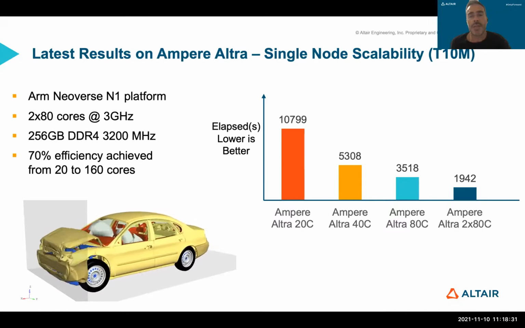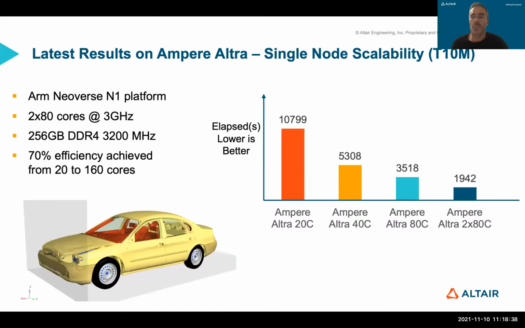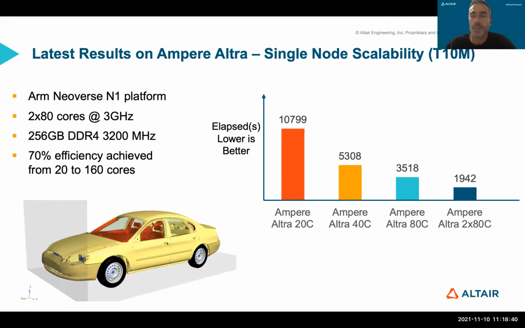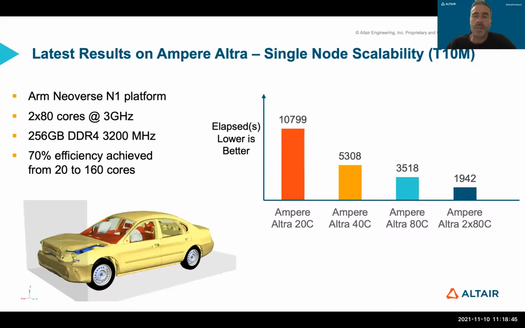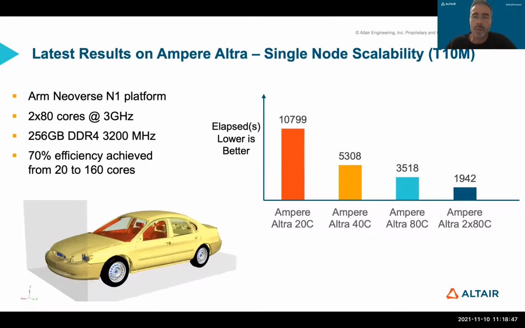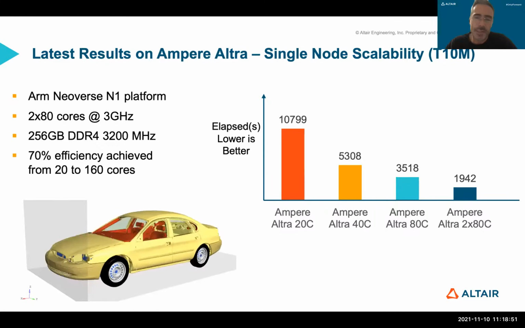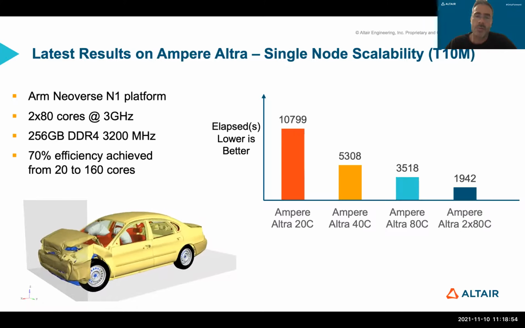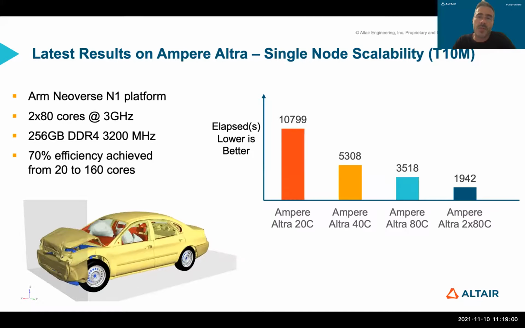We did some scalability tests inside the node, and going from 20 cores to 40 cores, 80 cores, and up to 160 cores, the full node, we see good scalability. One detail is that codes like Radioss are explicit codes, and generally they are compute intensive, but also memory bound because they keep doing the kind of vector operations that they need to reload from memory.